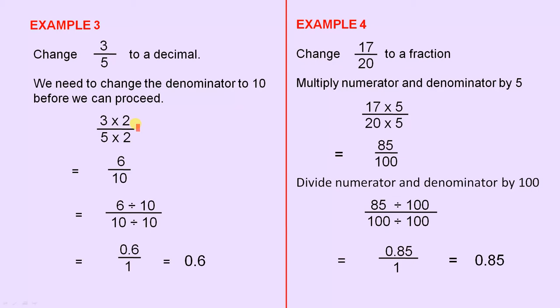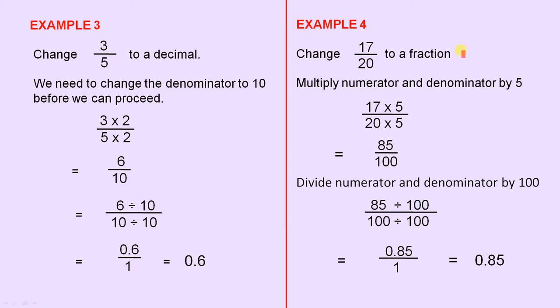In this case it's 2. So 3 times 2 over 5 times 2. 3 2s are 6, 5 2s are 10. So that's 6/10. So if we divide top and bottom by 10, we get 6 divided by 10 over 10 divided by 10. 6 divided by 10 is 0.6. 10 divided by 10 is 1. 0.6 over 1 is 0.6.